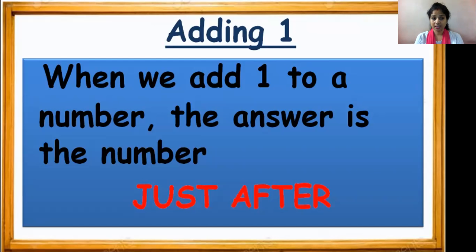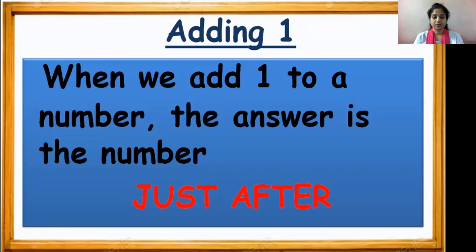So it means when we add 1 to a number, the answer is the number just after. Okay, if you have 4 and then we are adding 1, what is the number just after 4? It's 5. So we get 5.